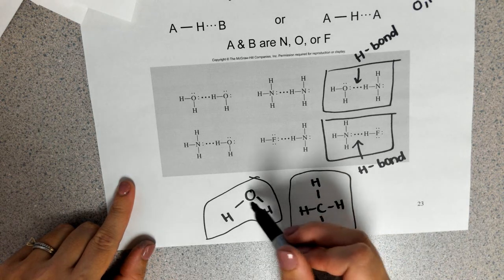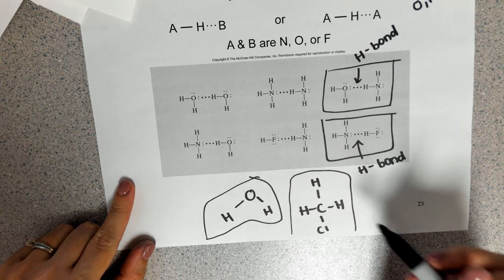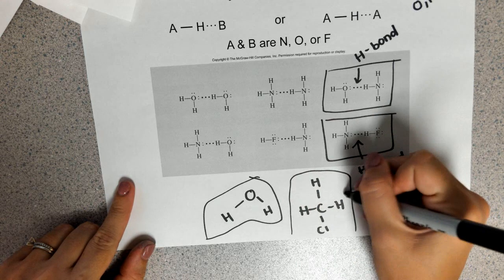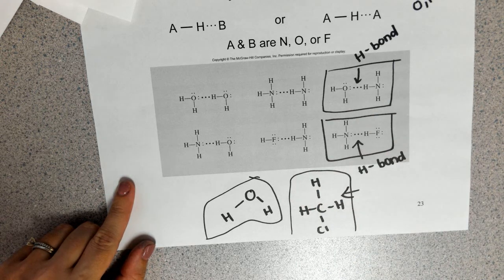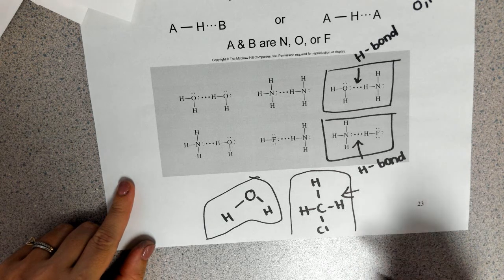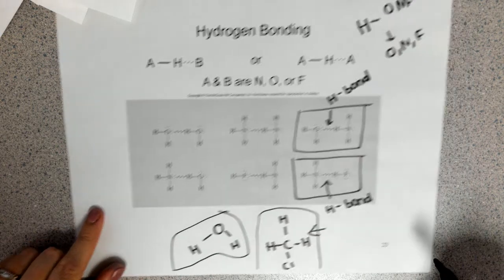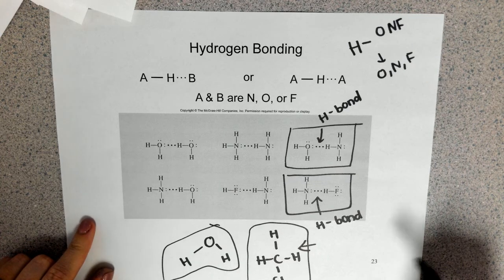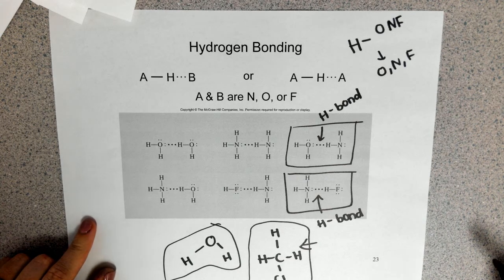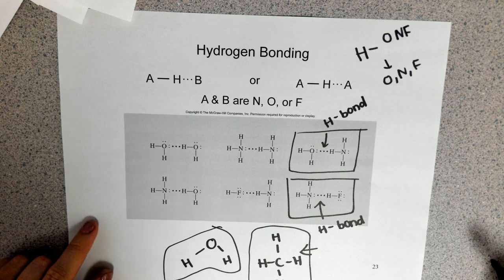The water has the ability to form a hydrogen bond, but none of the atoms in this molecule are electronegative enough. They're not N, O, or F to form a hydrogen bond. So there would be no hydrogen bonding between these two molecules. You've got an H connected to an O, N, or F, and then it's by another O, N, or F to form a hydrogen bond between it.